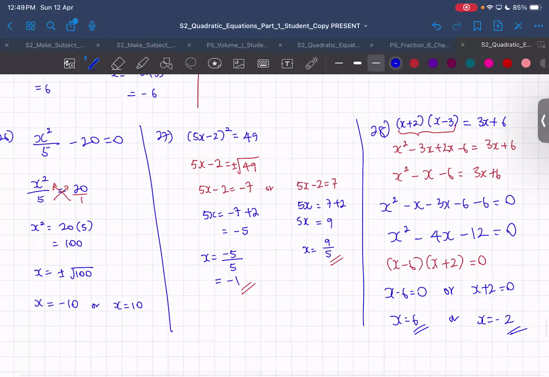Can you all try 29? Come, try. The right is just a number.